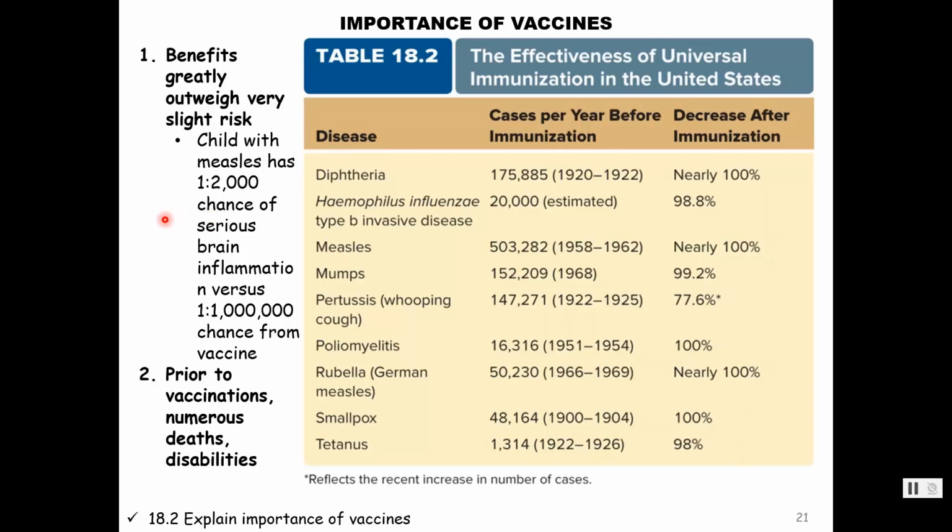So the benefits of vaccination greatly outweigh the slight risks. Children with measles have a 1 in 2,000 chance of serious brain inflammation versus a 1 in a million chance of having a reaction to that vaccine. And just prior to vaccination, a lot of these diseases came with disabilities.